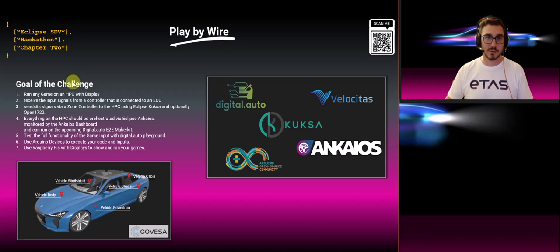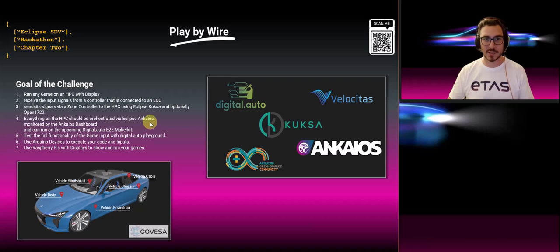First of all, the goal of the challenge is you shall run a game on an HPC with a display. Next, you should receive the input signals from a controller that is connected to an ECU. Then it should send the signal to a zone controller, where the HPC is consuming it, and you're using Eclipse Kuksa and optionally Open 7022, for communication.